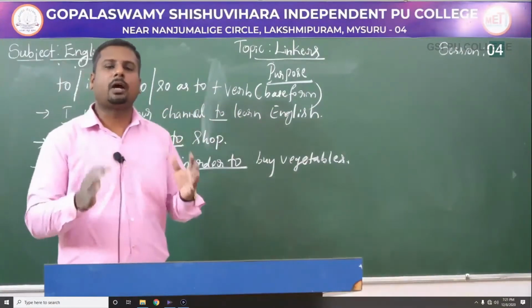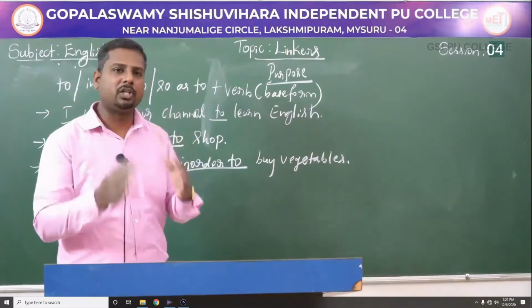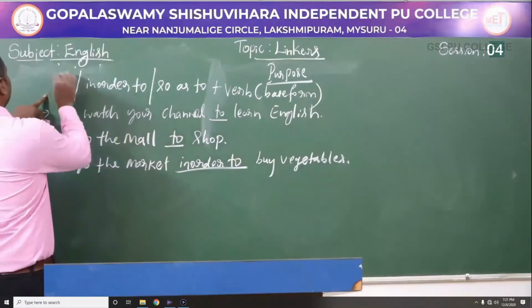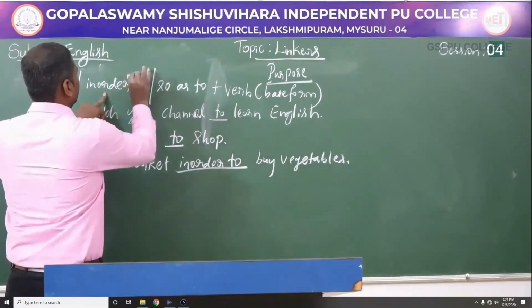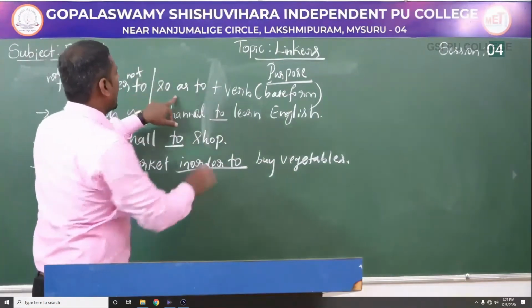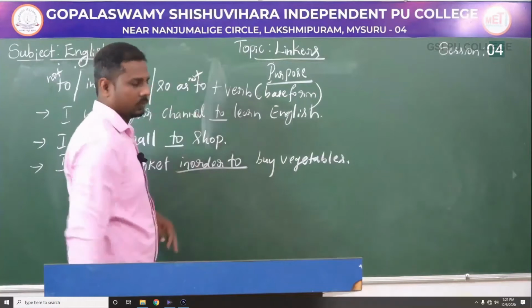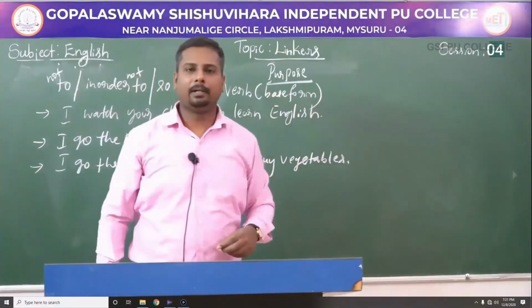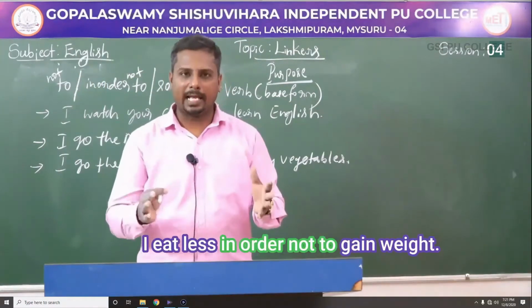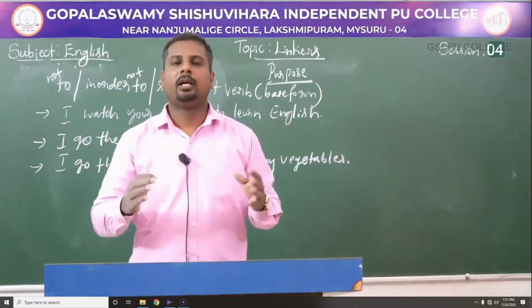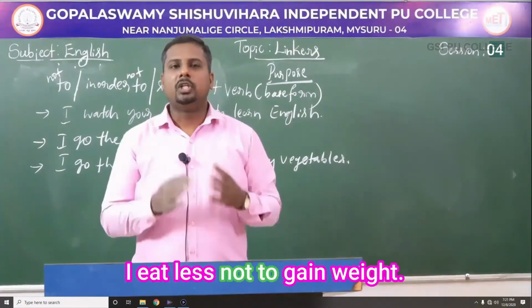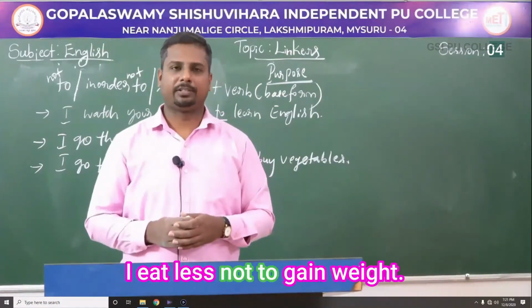All you have to do is add the word not before the word to. Not to, in order not to, so as not to. For example, I eat less in order not to gain weight, or I eat less not to gain weight.